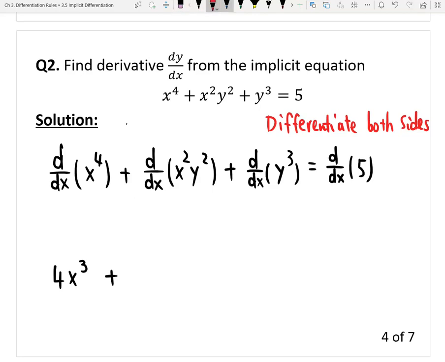This is just a product rule. We need the product rule to solve for this.